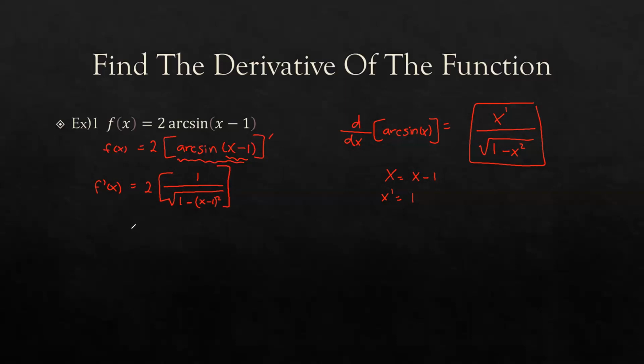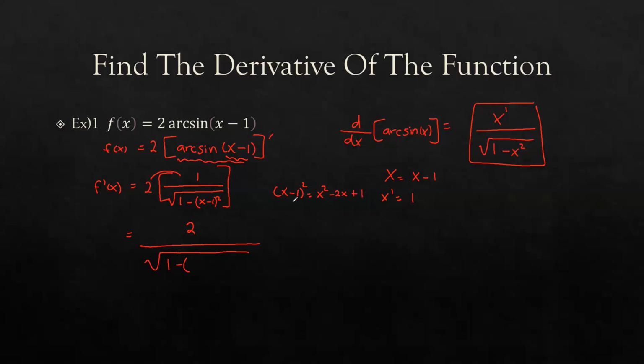Okay, that is going to be, if I multiply out this 2, 2 on the top. And then you have 1 minus parentheses, what is x minus 1 squared? So you have to do some FOILing out, but I'm going to do the shortcut. It's going to be x squared minus 2 times ab, or negative 2x, plus b squared, plus 1.